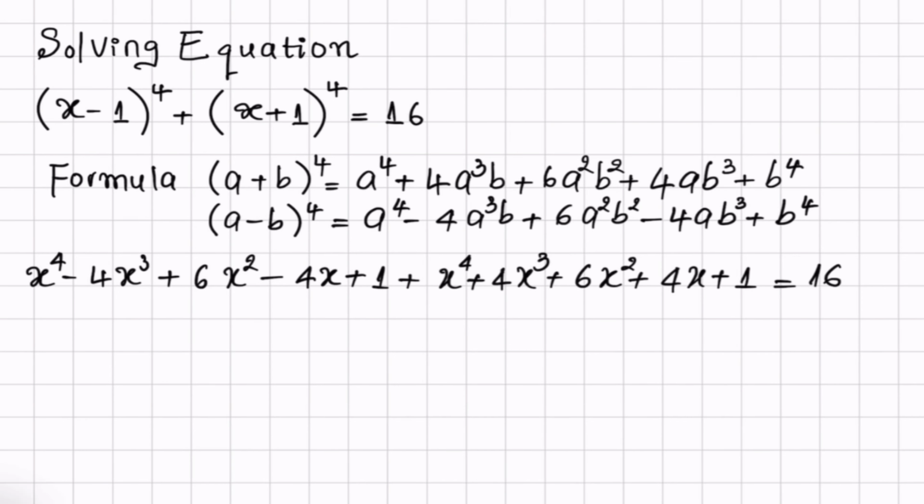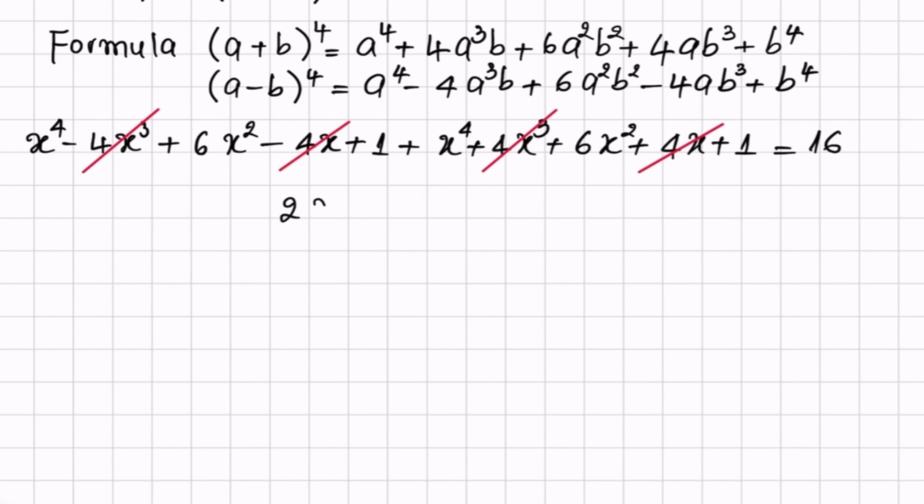Okay, so we can cancel this with this and this with this, and what we will get is 2x^4 + 12x^2 + 2 equal to 16.